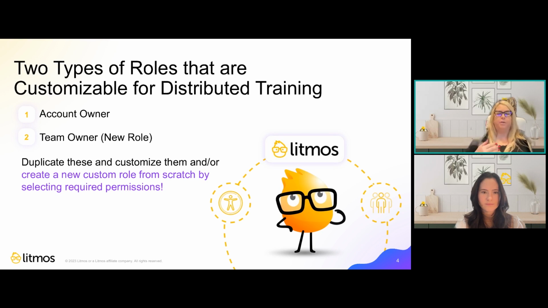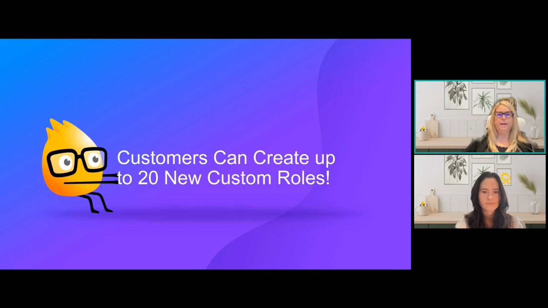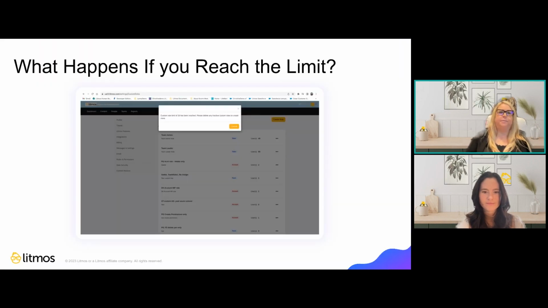You can create ones from scratch, or you can duplicate these and modify them as you see fit. Customers can now create up to 20 new custom roles, and we're very excited about this. This is going to give you a lot more capabilities in the system, and I'll talk a little more about why we chose 20 and how this is to your advantage.